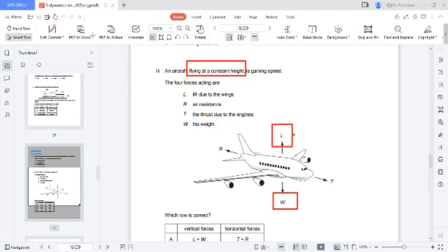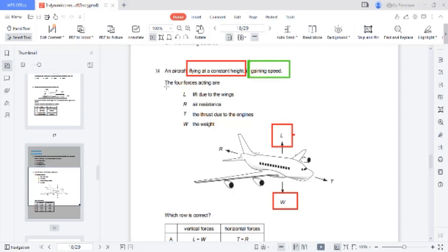Now, what about the thrust due to the engine and air friction? There is one more thing in the question. It states that it is gaining speed. It means its speed is increasing.